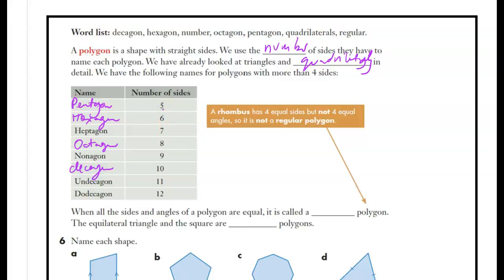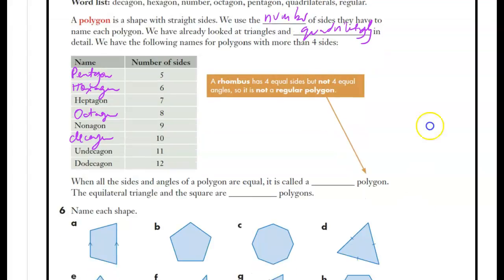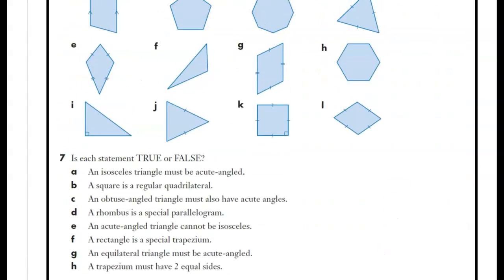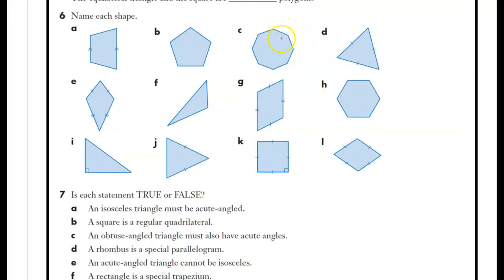So if we look at a stop sign, what shape's a stop sign? Is it an octagon? Sure. Someone want to Google it? So here's an octagon. Here's a hexagon. Which one's the stop sign?